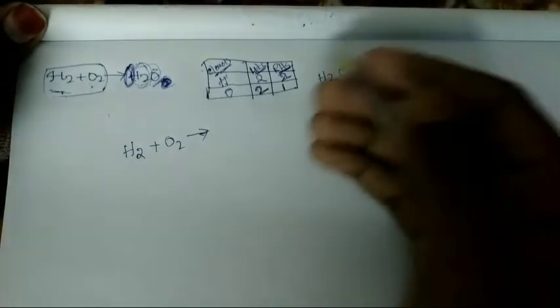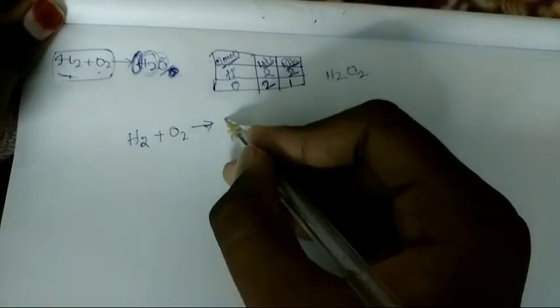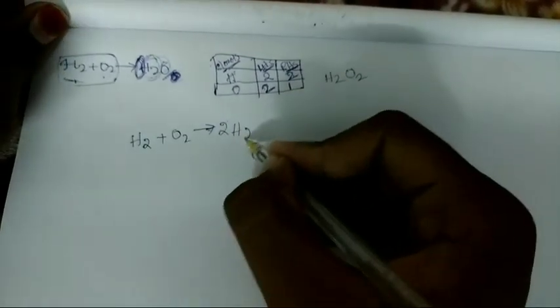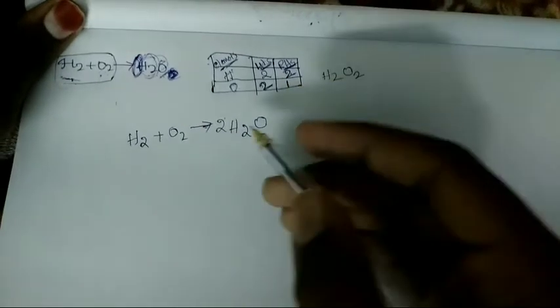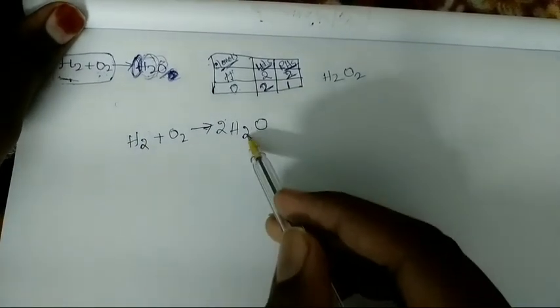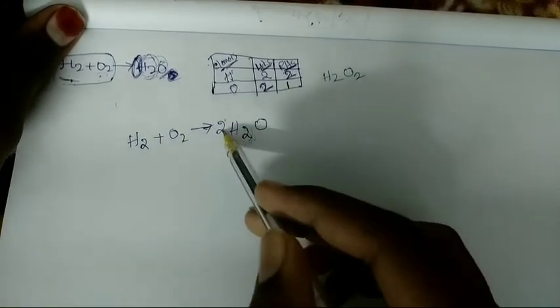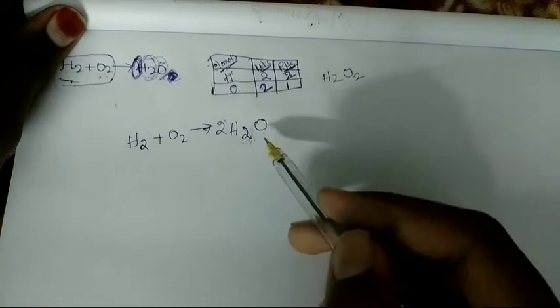I want oxygen here 2 and here 1. So I can write here 2H2O, means hydrogens 2 on this side. But look here, 2 hydrogens, and again 2 hydrogens.